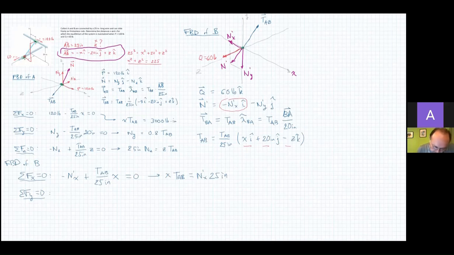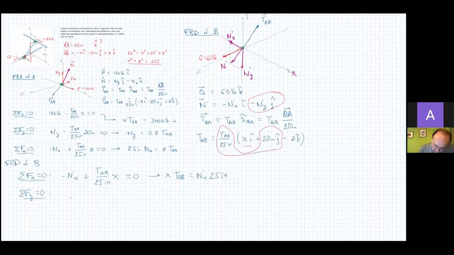Now we have to add everything in the y direction, so that will be this one and this one: minus n y prime plus TAB over 25 times 20, inches over inches, equals 0.